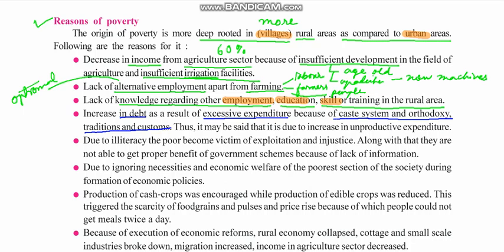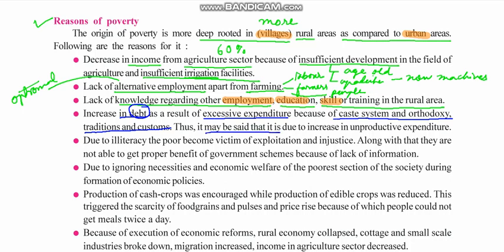Many times it happens that the person who does this custom or who is forced to do this custom doesn't have money with him. So what does he do? He takes a debt. Debt means udhar. He takes a loan from someone at a very high interest rate, and he is unable to pay it because he doesn't have the fixed income for it. And due to this, what happens? He ultimately jumps into the poverty well.